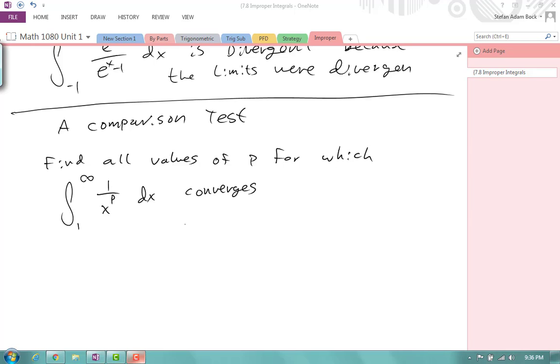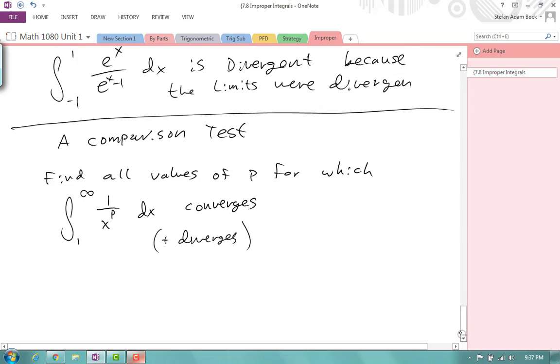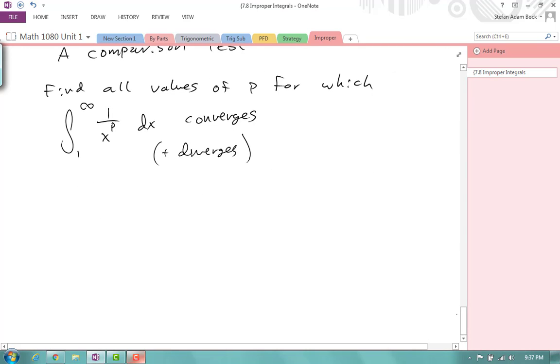I also want to find out when it diverges. So I'm going to try not to think too hard about having a p here, and I'm just going to try to evaluate this integral.